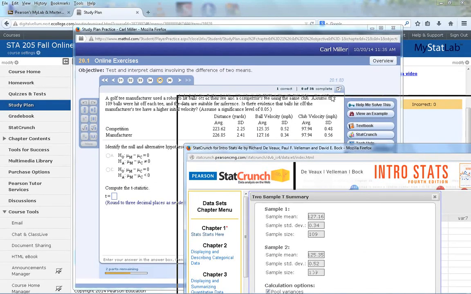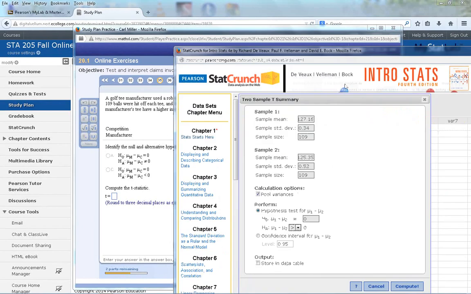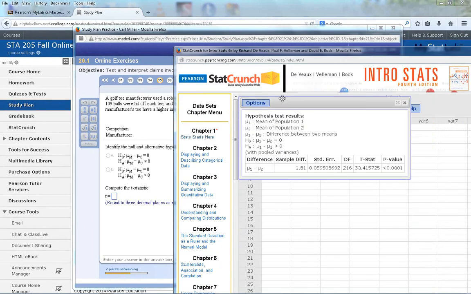Okay, and I'll pull this back up. And then for the alternative, we want the difference, manufacturer minus competitor, to be positive. So I've got to change that to greater than. And then click compute. And I'll pull this over where I can see it.